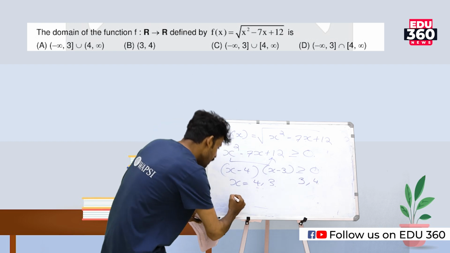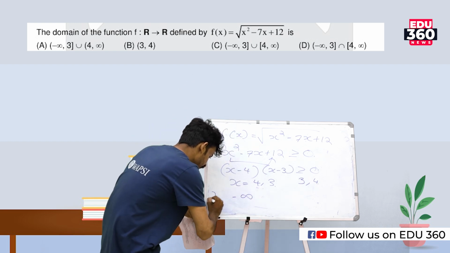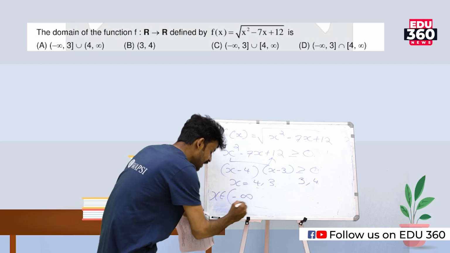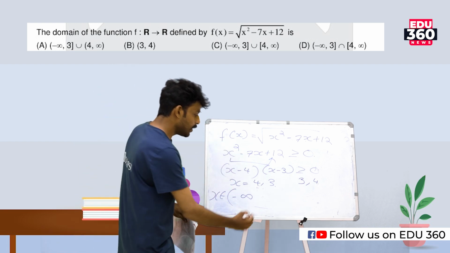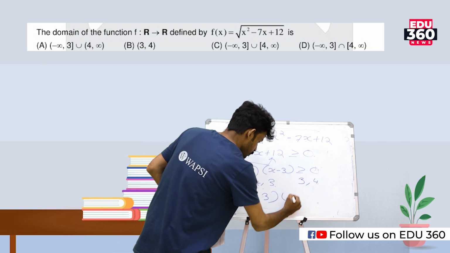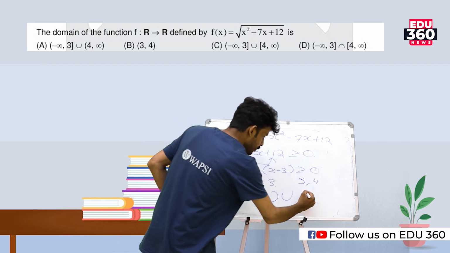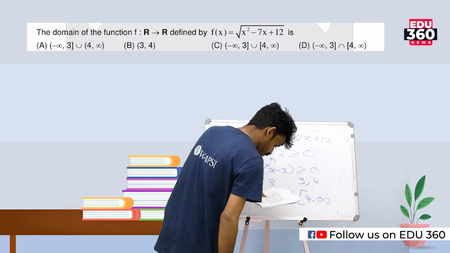So x belongs to minus infinity to 3 and 4 to infinity.